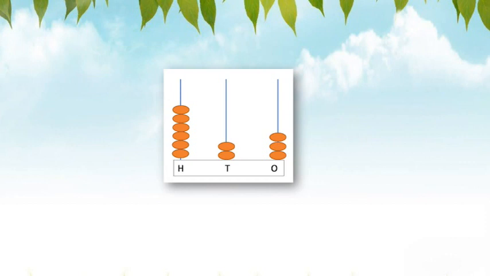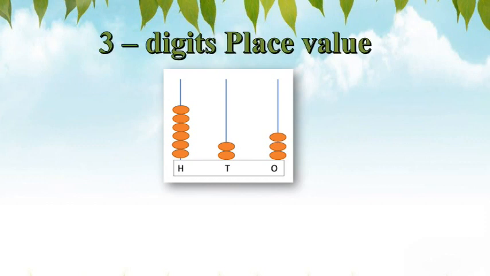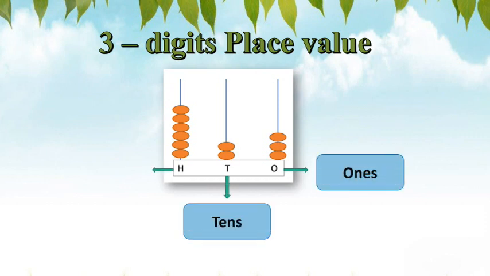In the 3 spike abacus, the first one is hundreds and the second one is tens and the third one is ones. Another name for ones is units. An abacus is an instrument that can be used for counting and knowing the place value of each digit in a number. The digits are represented using beads.